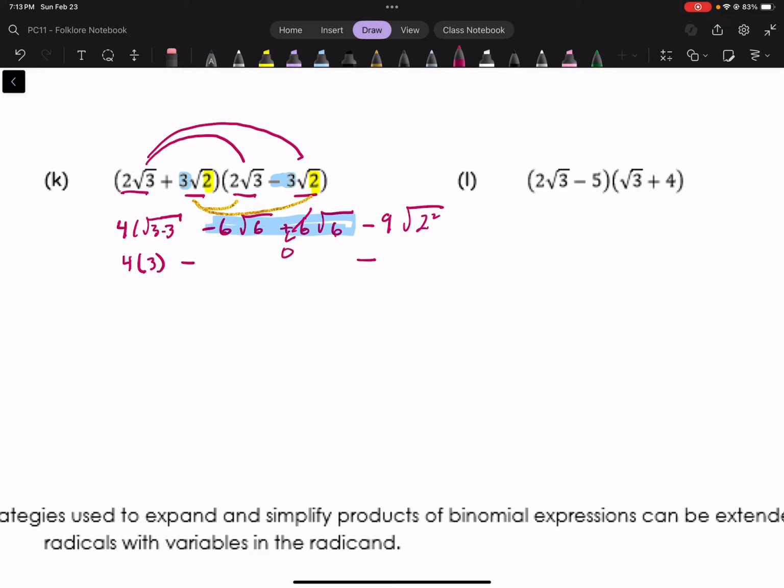And minus 9, the square root of 2 squared is just simply 2. Pardon me, I included one too many negative signs there. So really, this ends up being 12 minus 18, and the answer is negative 6.